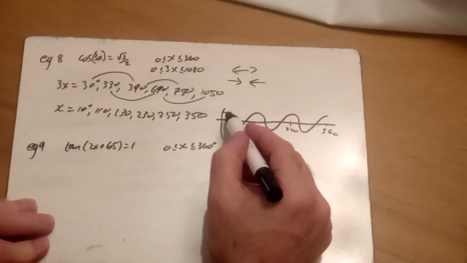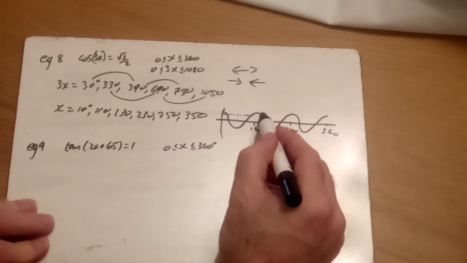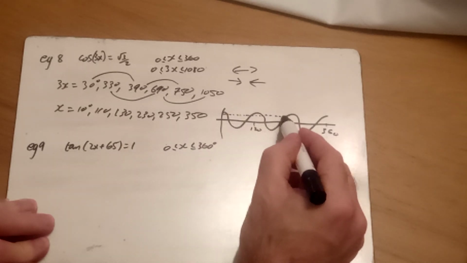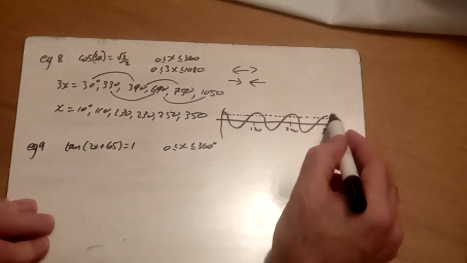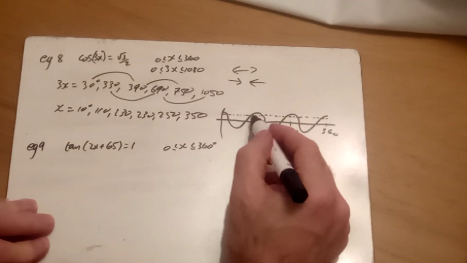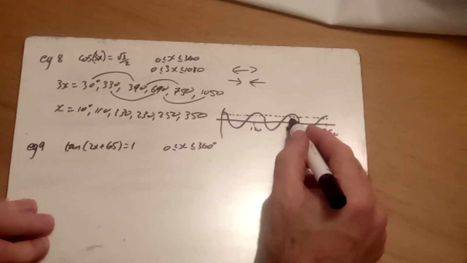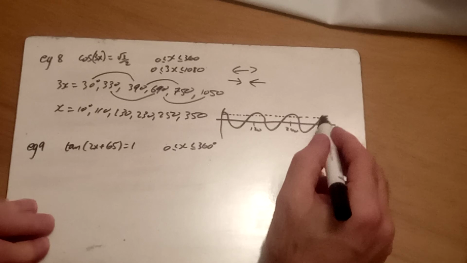So if I go across at root 3 over 2, I've got this answer here, 2, 3, 4, 5, and then 6. So hopefully you can see it's going to be 10 degrees ahead of 120, 10 degrees back from 120, 10 degrees shy of 240, and that way of 240, and so on.